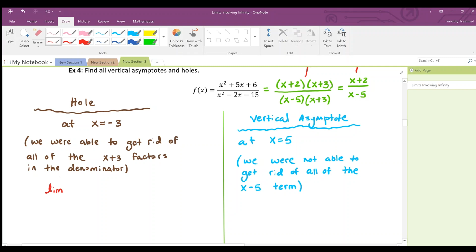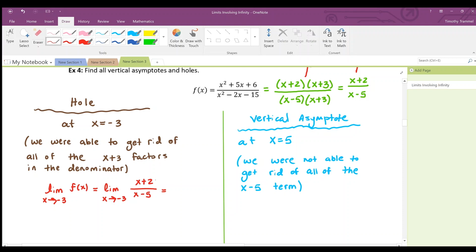What I mean by take its limit is I can take the limit as x approaches -3 of our function f of x, but we're going to use that simplified version of f of x. If we do that, we can use direct substitution with this simplified version.